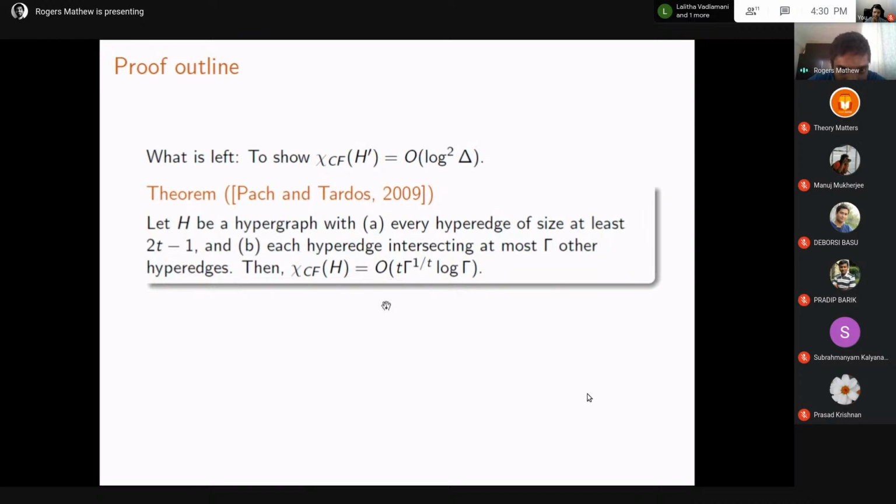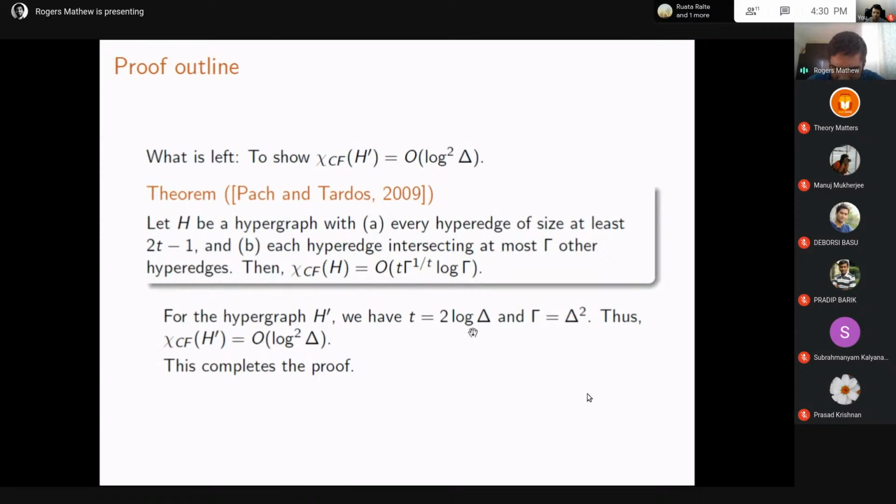Now for us, this t is related to the size of a hyperedge, which is at least 4 log delta. So 2t minus 1 is at least 4 log delta, or t is roughly 2 log delta. And your gamma, which is the number of hyperedges a given hyperedge of hypergraph H prime is intersecting, is delta square. So gamma is delta square and t is 2 log delta.